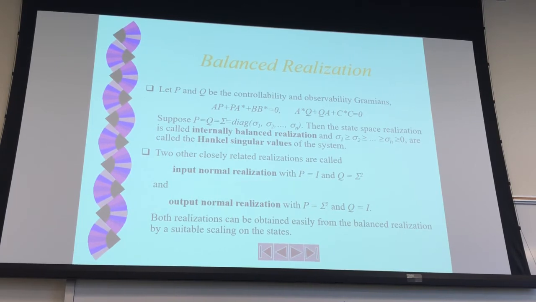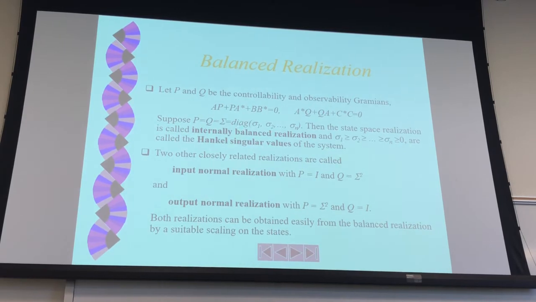So you find a realization A, B, C such that P and Q are the same and also diagonal. The diagonal is also ordered: sigma 1 is the largest and sigma n is the smallest, all of them greater than or equal to zero.